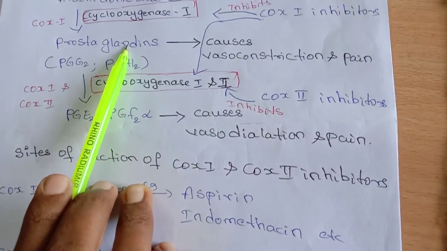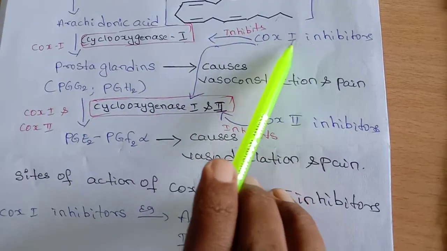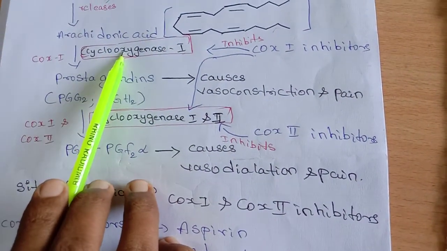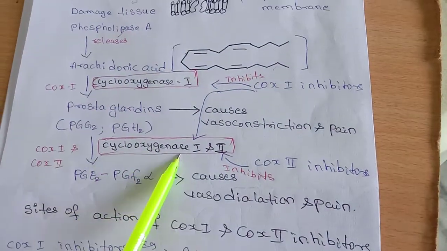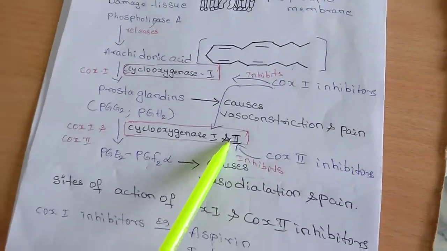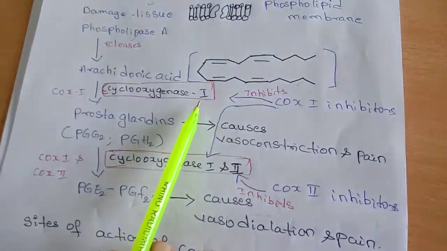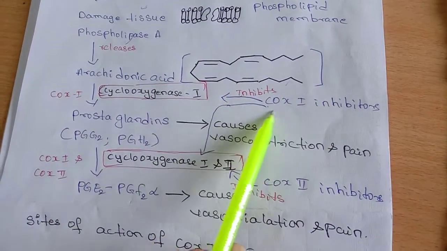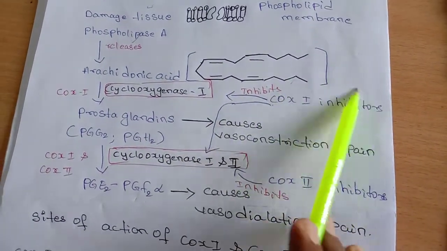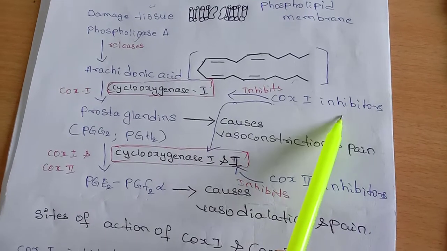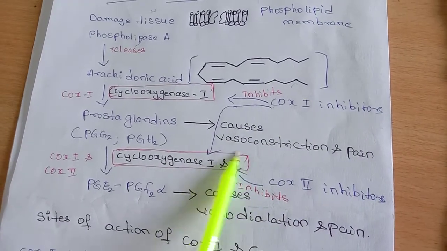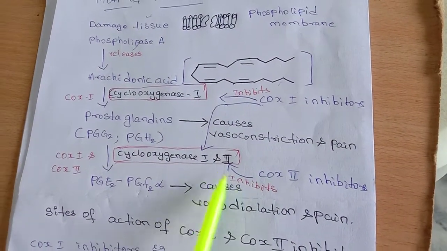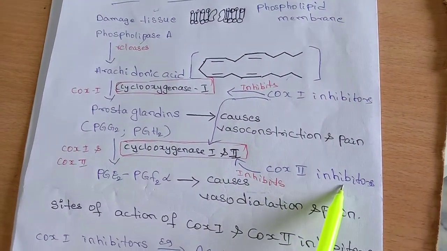Now our drugs, NSAIDs, inhibit these enzymes, cyclooxygenase 1 and cyclooxygenase 2, or prostaglandin synthase enzymes. Cyclooxygenase 1 can be inhibited by COX-1 inhibitors, and cyclooxygenase 2 can be inhibited by COX-2 inhibitors.